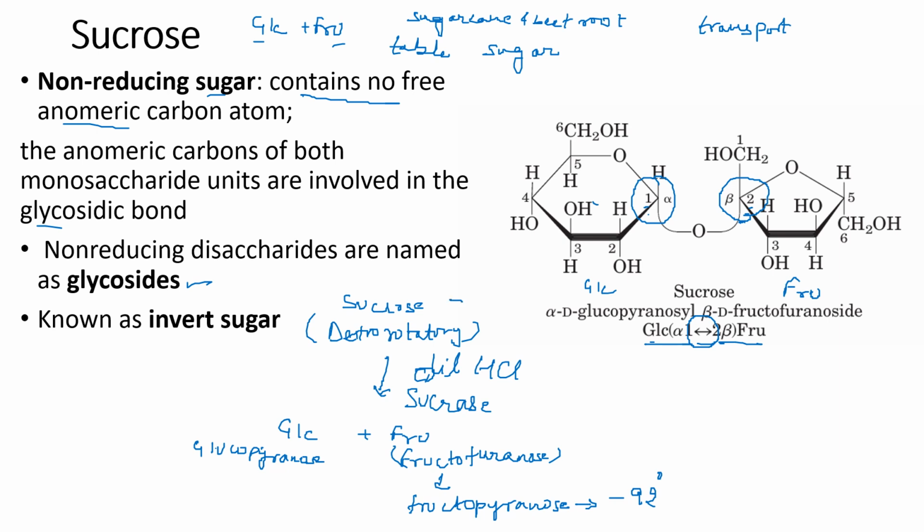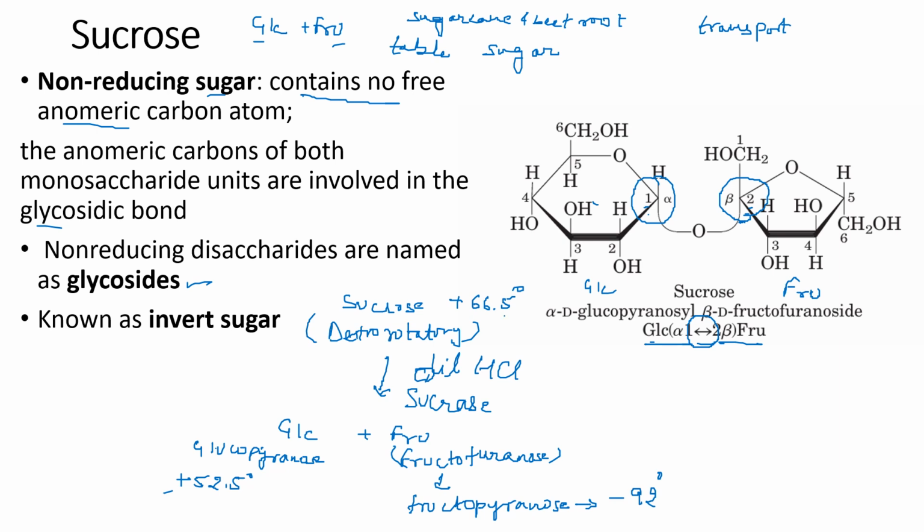plus 66.5 degrees. The glucose has an optical rotation of plus 52.5 degrees, so this is also dextrorotatory.